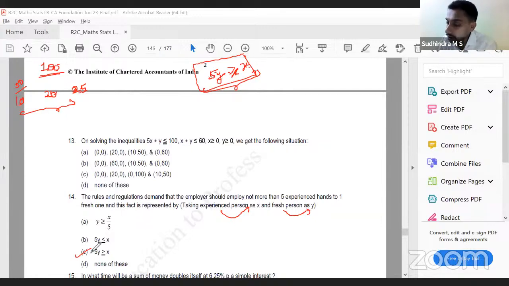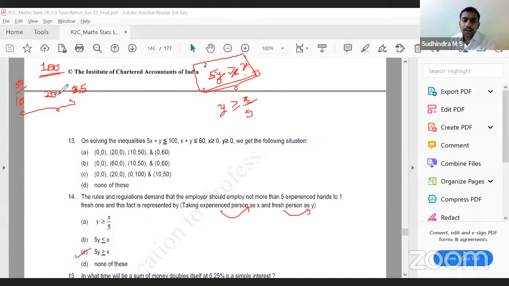Understood? So then it can be even option A, right? Option A. Okay, we'll check option A. Y should always be greater than or equal to x by 5 should be the right answer. This also is correct, I think. Y is greater than or equal to x by 5. Yeah, they have just moved the 5 to the other side. Correct? Okay.